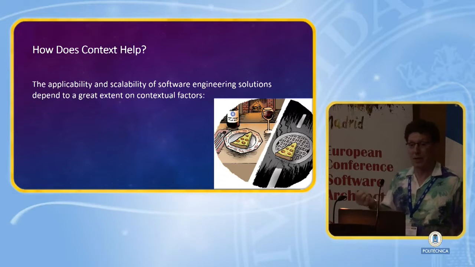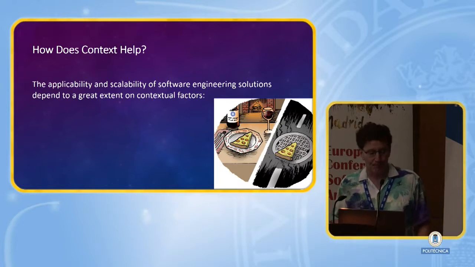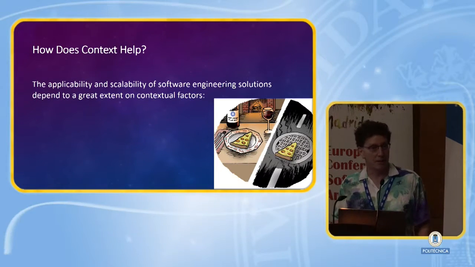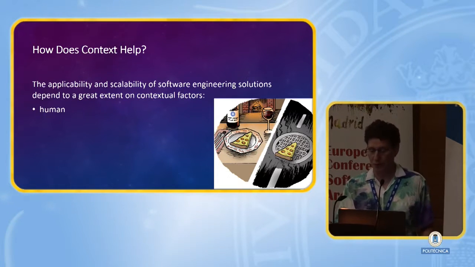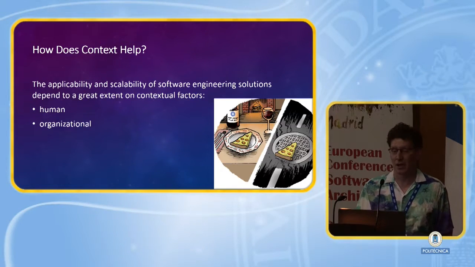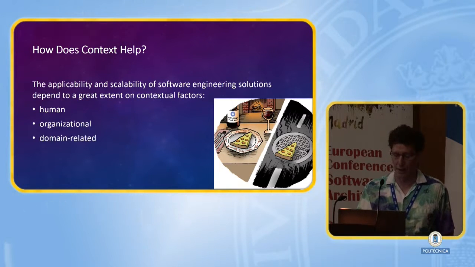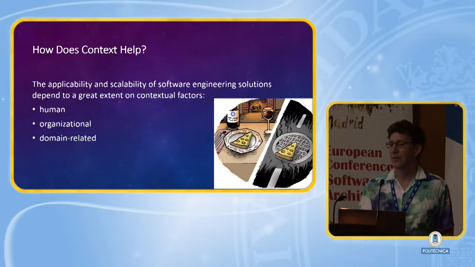And the argument that Lionel makes in this paper is that the applicability of research depends to a large extent on contextual factors, human factors like the background or education of an engineer, organizational factors like cost and schedule constraints, domain-related factors, perhaps compliance to standards.